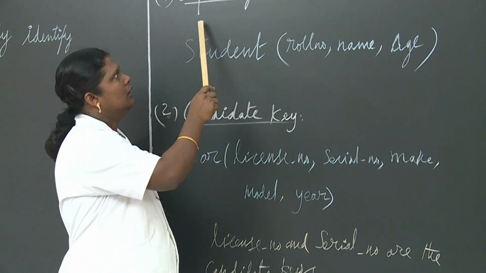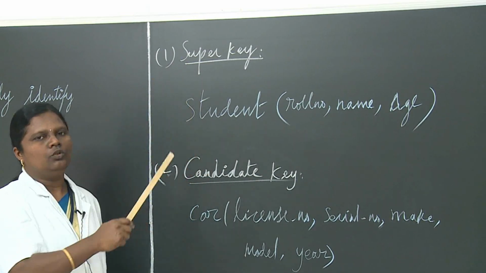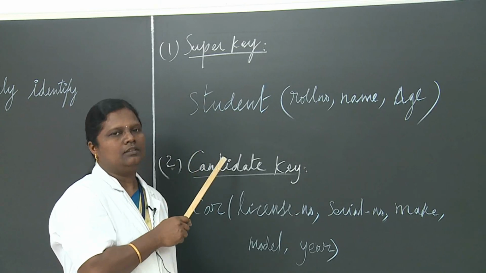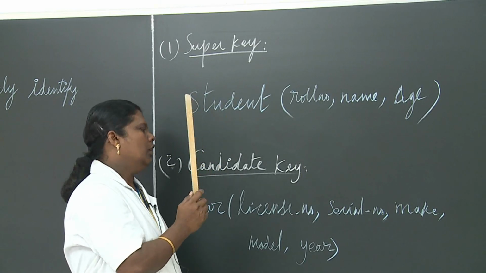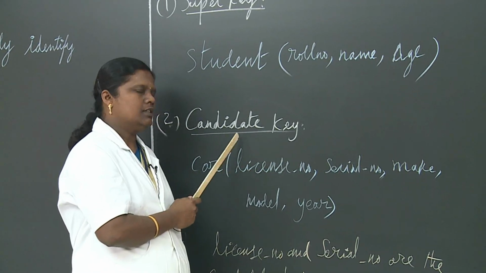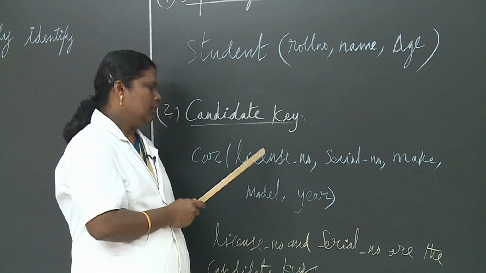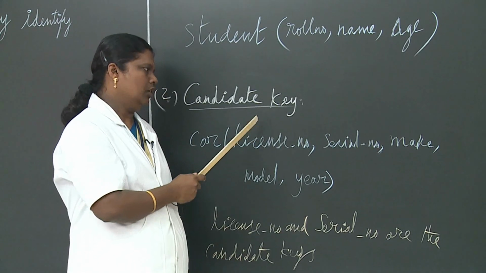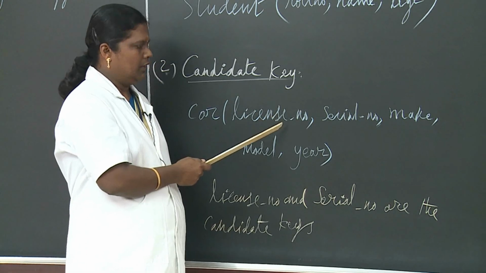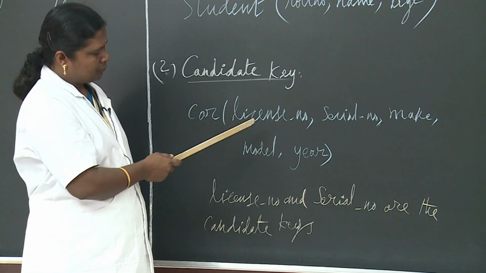For example, a super key also allows null, so unique as well as null is allowed. Null is not allowed when considering the candidate key. Here a set of attributes uniquely identifies the data available in the database.